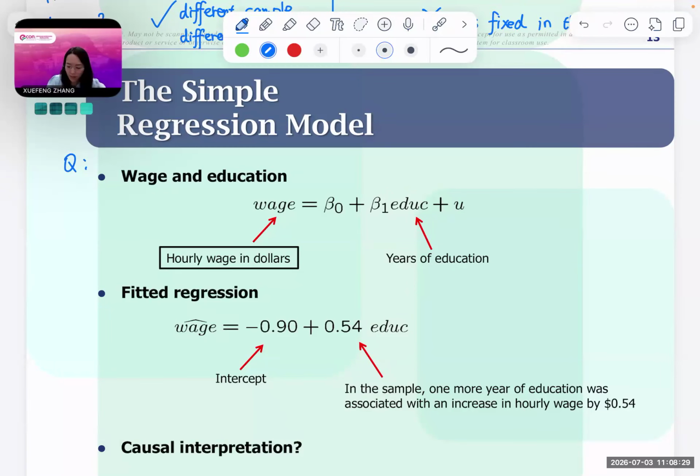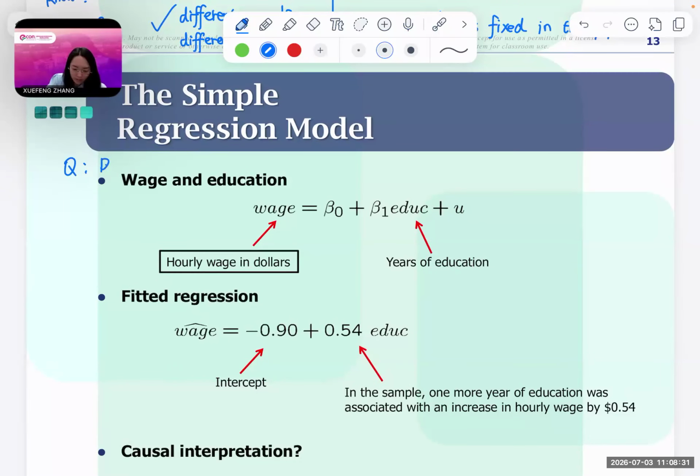Okay, so let me write it down. Does staying in school longer actually make you earn more?